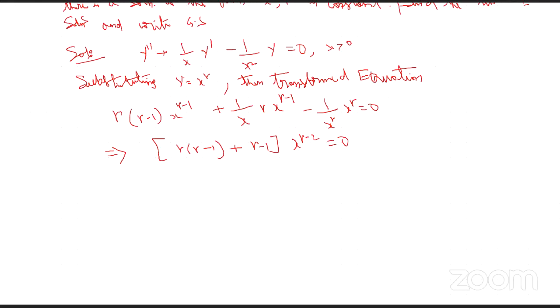That implies r into two factors, r minus 1 plus r minus 1, equal to 0. Simplify this one: r square minus r plus r minus 1 equal to 0. Plus r minus r get cancelled. r square minus 1 equal to 0. That implies r equal to plus or minus 1.